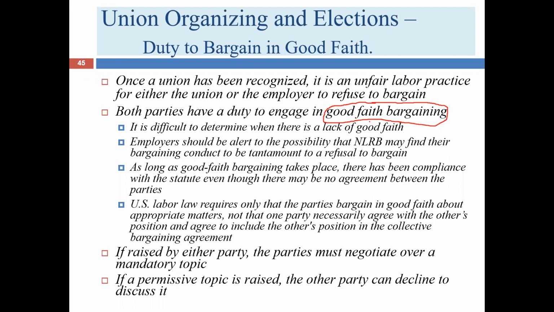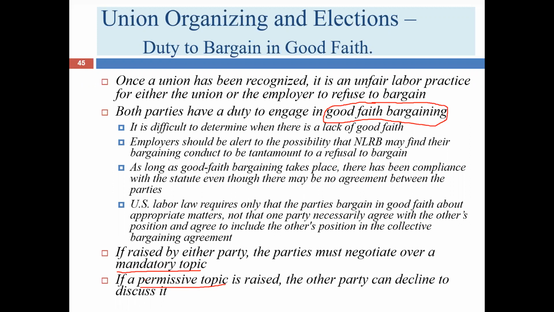They have to sincerely attempt to work through the issues that are in play, that are on the table, so to speak. They have to actively negotiate about all mandatory topics. They don't have to negotiate about permissive topics, but they can if they wish to. We'll go through some examples of that in a later slide.